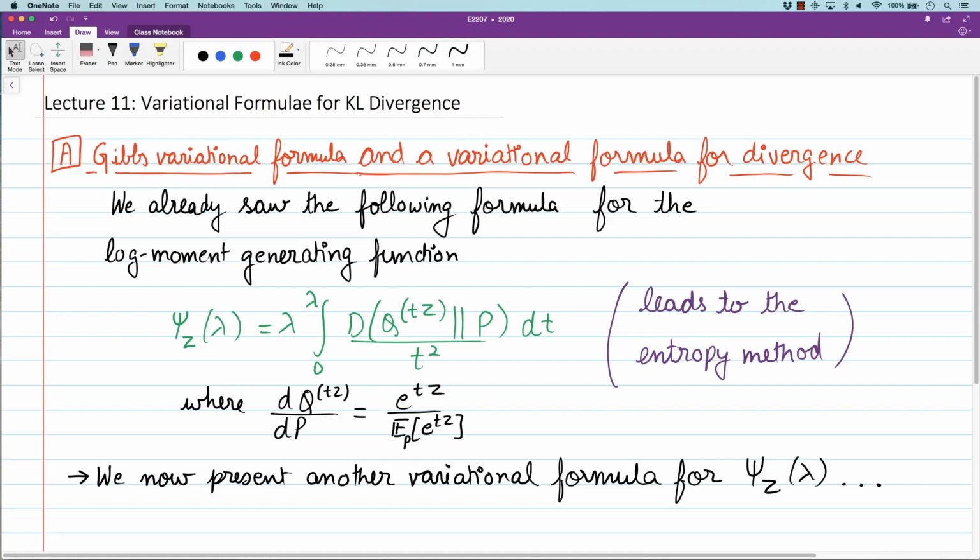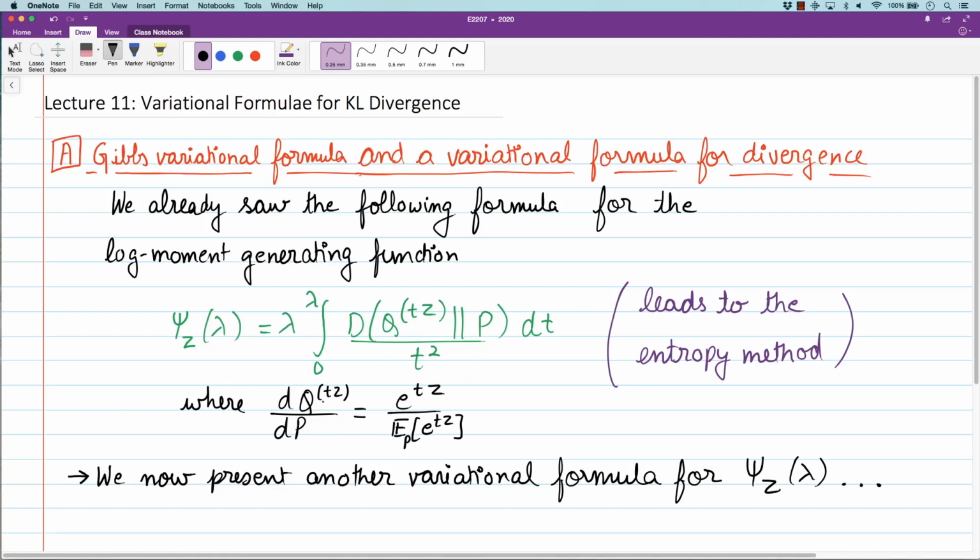We saw this beautiful formula for the log moment generating function, which relates it to the divergence of the tilted measure from P, where this tilted measure is this exponentially tilted measure defined this way.